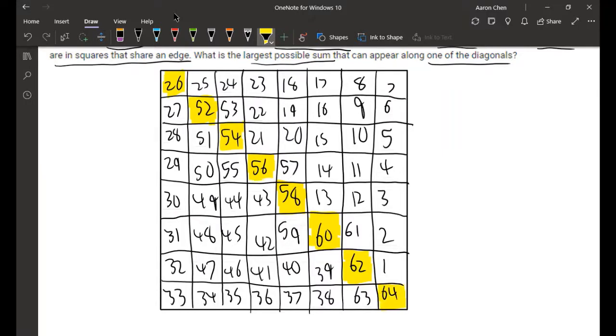Okay, so the maximal sum is just this case, which is 26 plus 52 plus 54 plus 56 plus 58 plus 60 plus 62 plus 64, which is equal to 432.